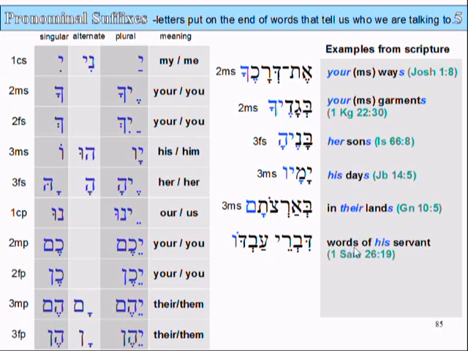So this is the words of his servant. Divrei, words of his servant, of is implied. So it's divrei avdo, words of his servant. If I wanted to say word, I'd say devar. If I want to say words, it's divrei.